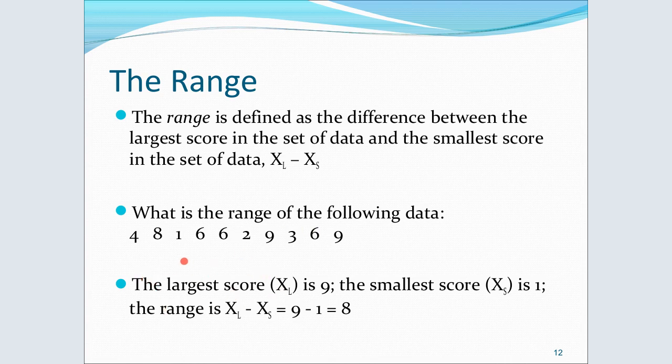We arrange them in ascending order. We have 1, 2, 3, 4, 6, 6, 6, 8, 9, 9. So the largest score in this case is going to be 9, and the smallest is going to be 1. So when you're asked to find the range, you're going to find 9 minus 1, and that gives us 8.